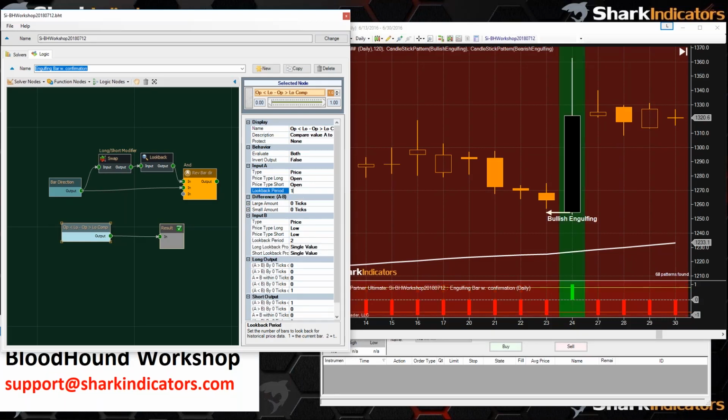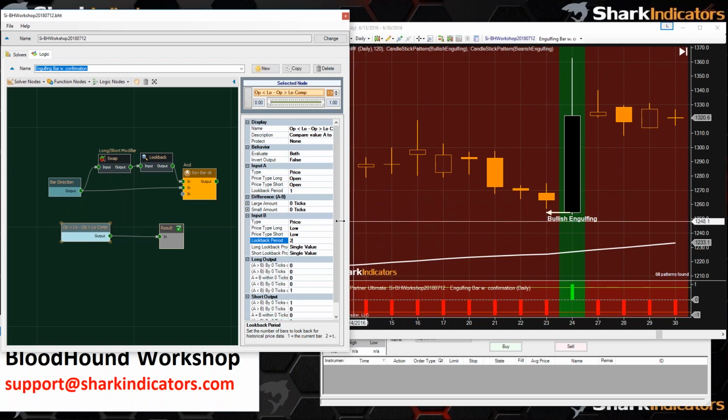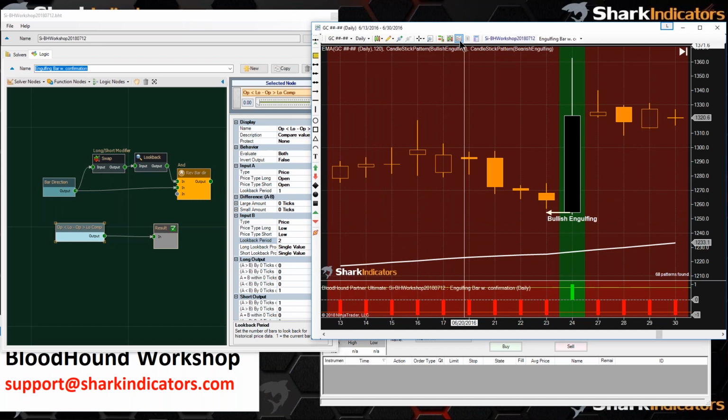A look back of 1 would be the current bar, the engulfing bar, and a look back of 2 would be the bar prior to the engulfing bar. So there we go, problem solved.